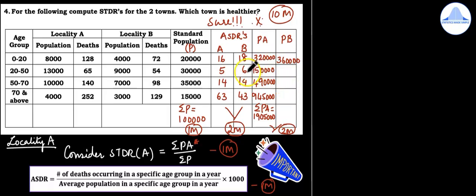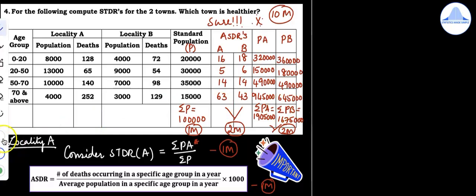The next is 6 into 30,000 is 1,80,000. Then you have 4,90,000, 6,45,000. Then calculate summation PB. This is 16,75,000.